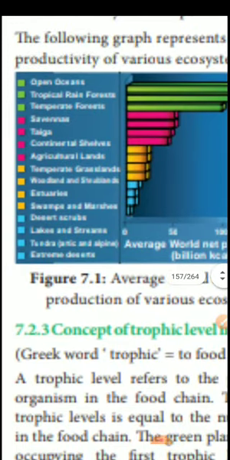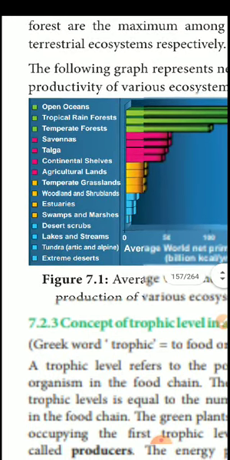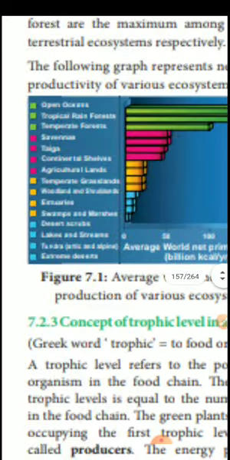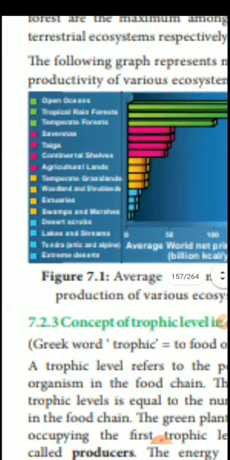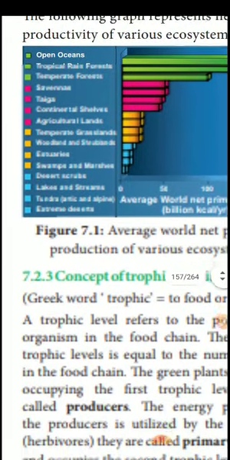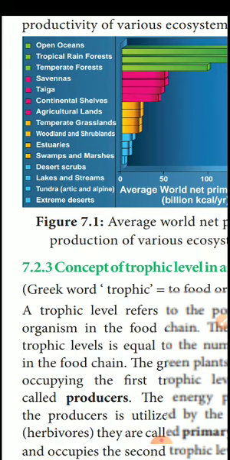The graph shows open ocean, tropical rainforest, temperate forest, savannas, taiga, cultivated land and agriculture. The green color is tropical rainforest, and the pink color is temperate forest, savanna and taiga.